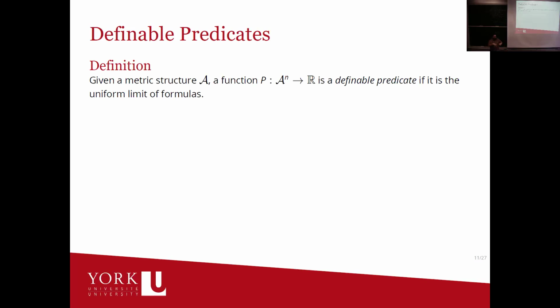Because if you remember, the way that I presented this, a predicate is just the basic relation in the language that goes from some Cartesian product of the model to the reals. These aren't that. So what are they? If I give you a metric structure, a function from A to R is a definable predicate if it's the uniform limit of formulas. That's all they are.